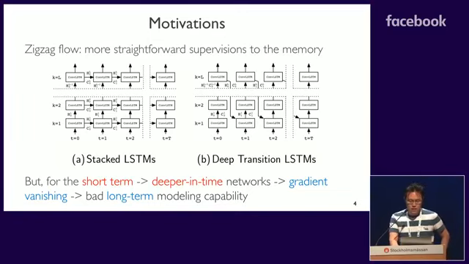But these deeper-in-time models suffer from gradient vanishing, so they suffer from bad long-term modeling capability.